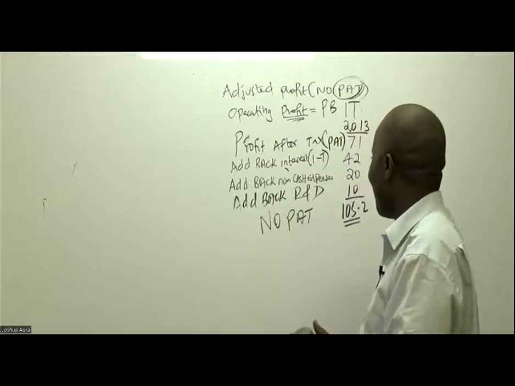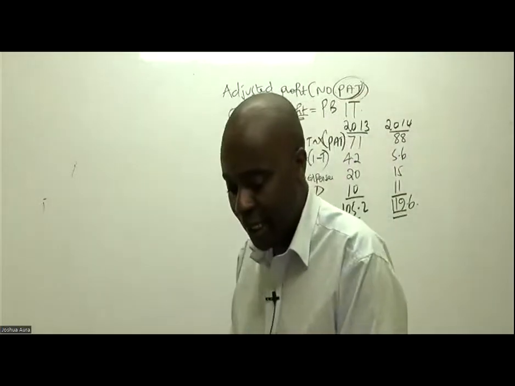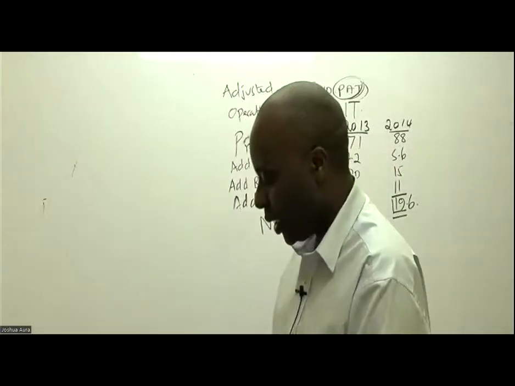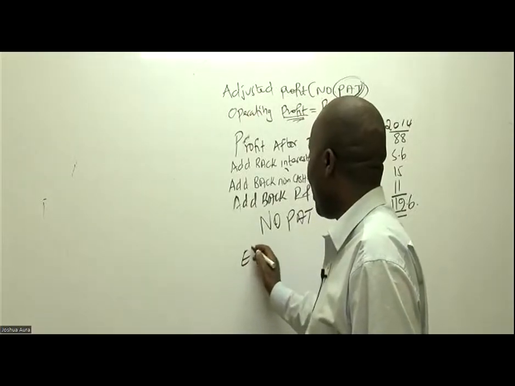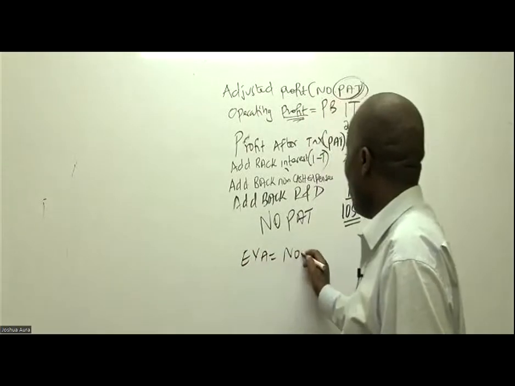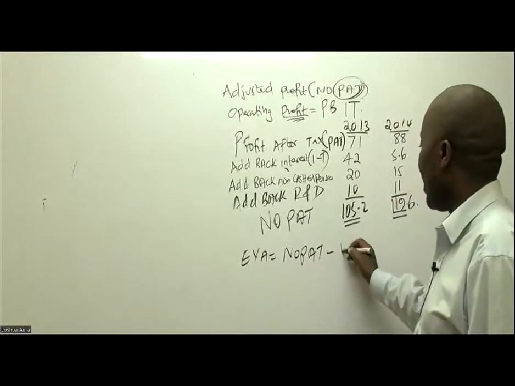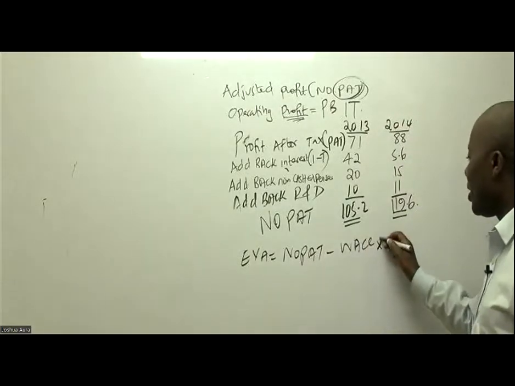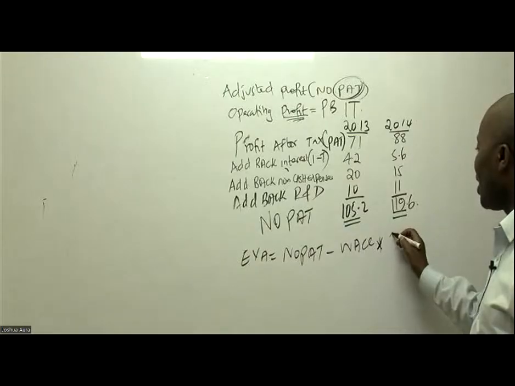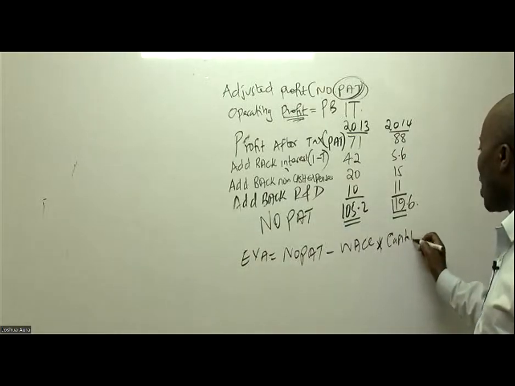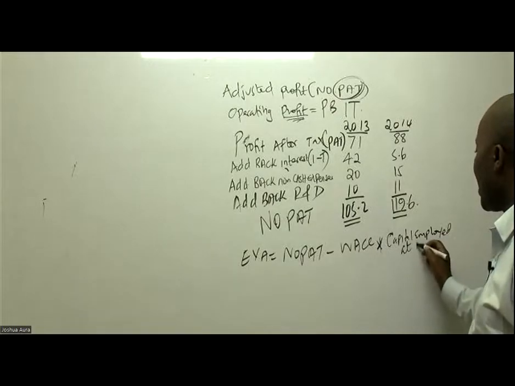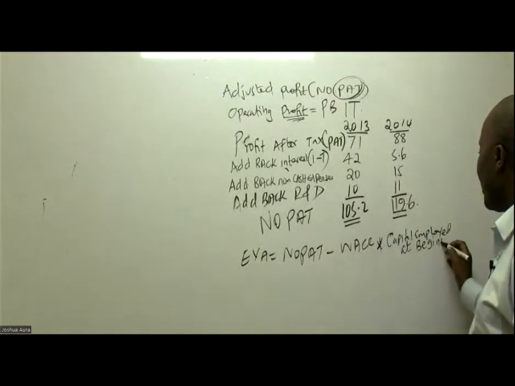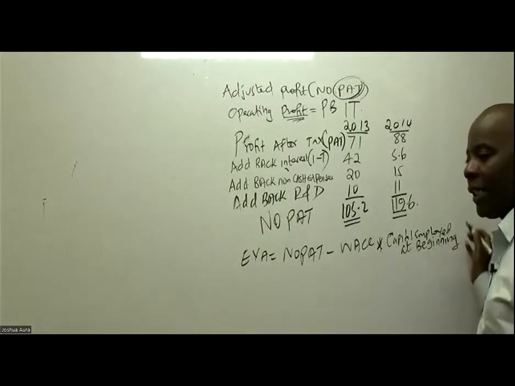Then the formula which I will use is this. I'll tell my examiner that EVA equals NOPAT minus WACC times capital employed at the beginning.